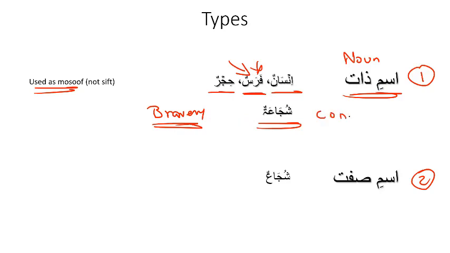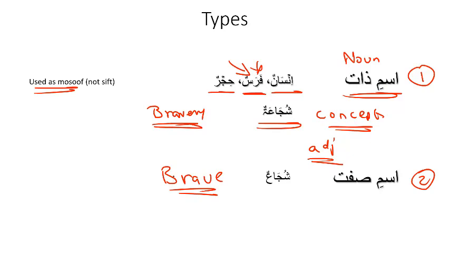But when you have a concept, we can also create an adjective out of that concept. Shuja'atun is the concept of bravery. But then we also have an adjective. If we want to say ar-rajulu and we want to describe him as brave, then the corresponding adjective, in Arabic we'd say ismul sifa, or in Urdu we can say isme sifat, would be shuja'un.